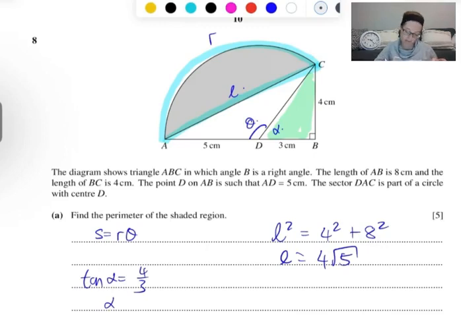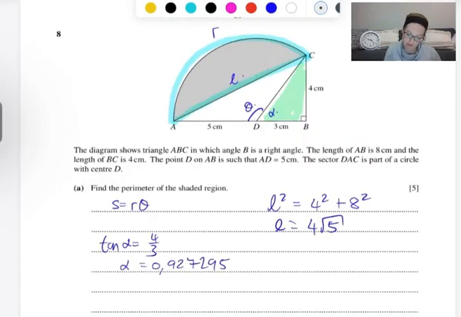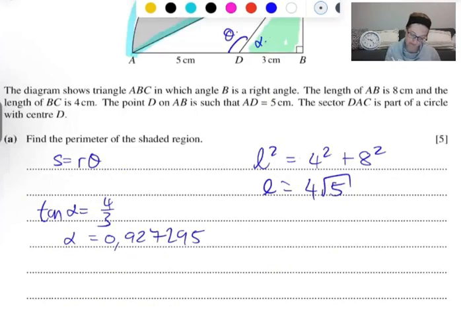My alpha is 0.927295. I'm just going to write more decimals than not for now. If I've got that alpha, then my theta must be pi minus alpha. So pi minus my answer is 2.21427 radians.